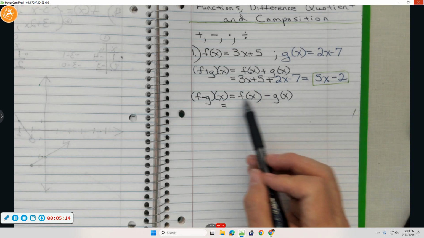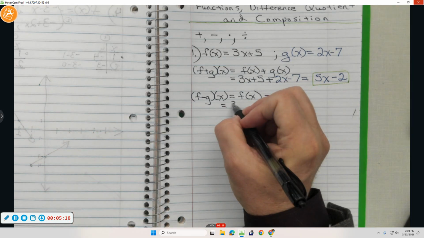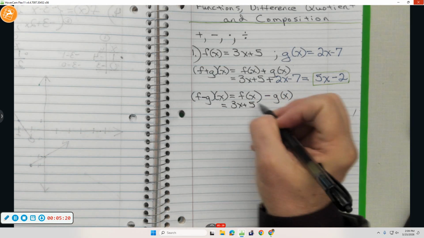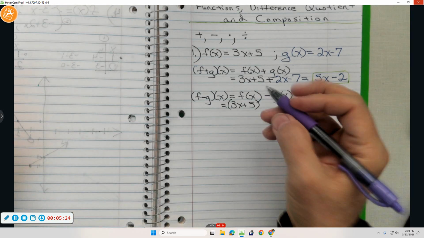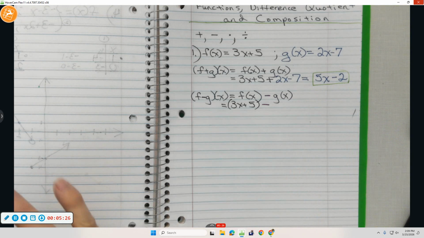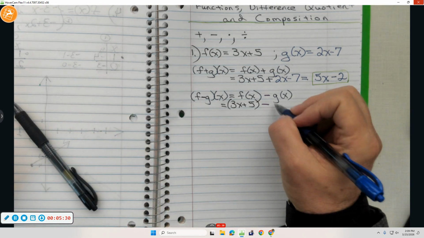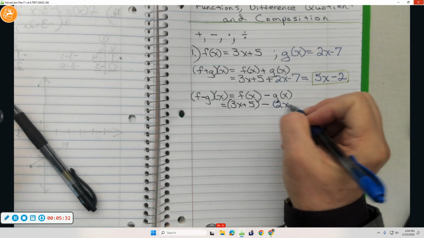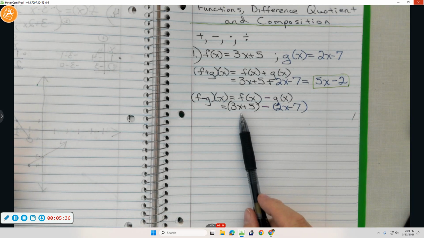I agree. The f of x, that's 3x plus 5. We could enclose that in parentheses if we wanted to. G of x is 2x minus 7. That first set of parentheses is unnecessary.